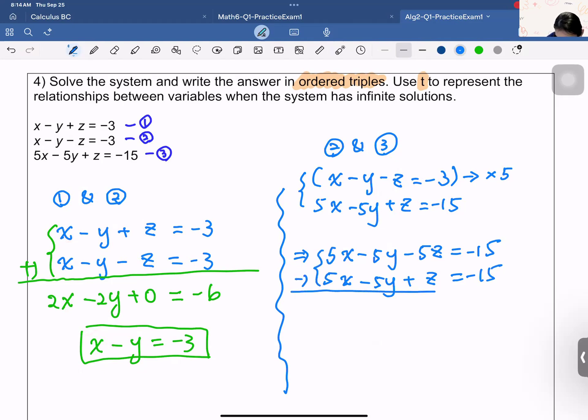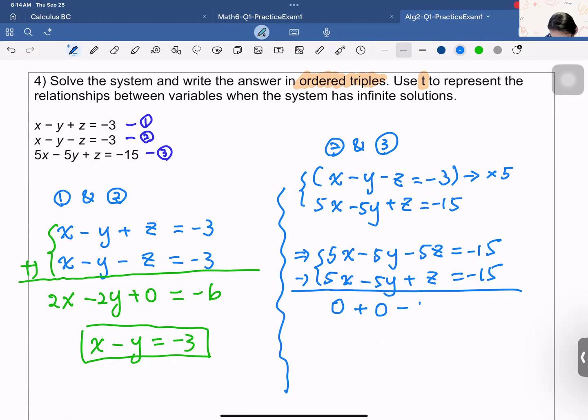Then I subtract them. 5 minus 5, this is 0. -5 plus 5 is also 0. -5 minus 1, -6z equals -15 minus -15. This is 0. So I know my z is 0.